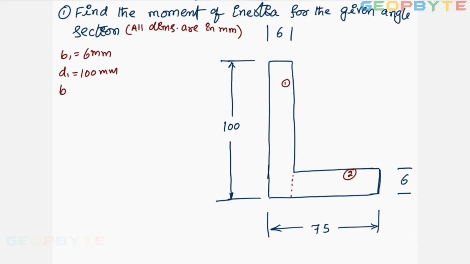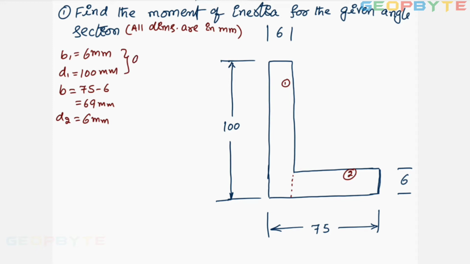Now for section 2, b2 equal to 75 minus 6. 75 minus 6 is 69. And d2 equal to 6 mm.